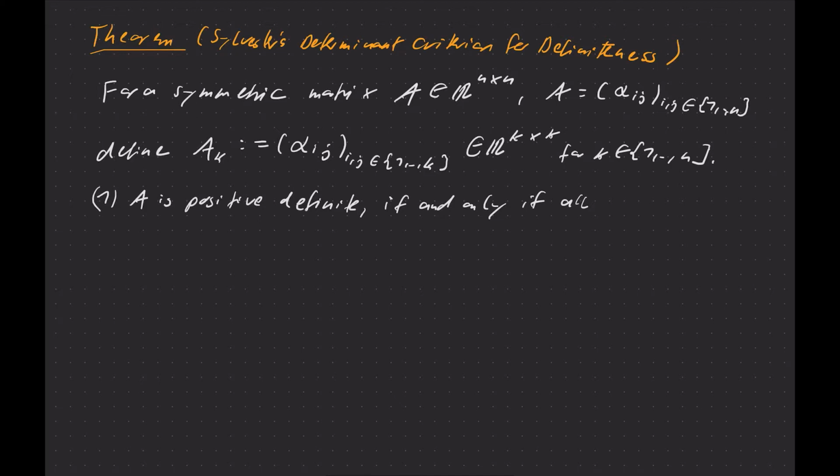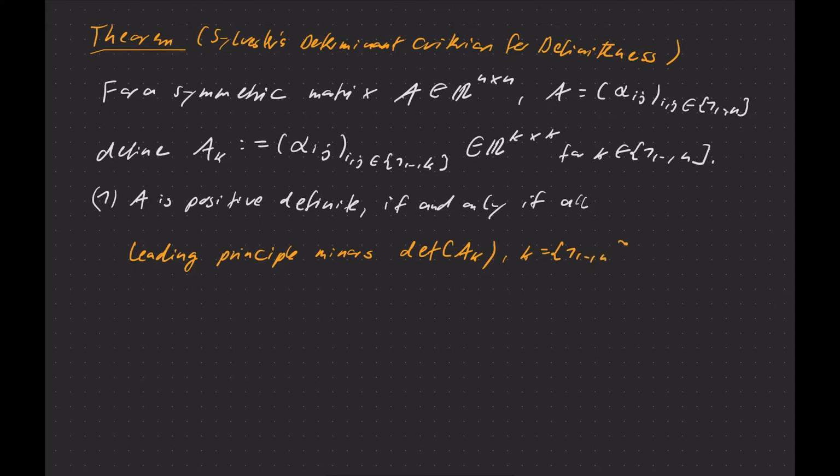If all leading principal minors, and this is just a complicated expression for saying we want the determinants of A_k, and we want those for k from 1 to n.